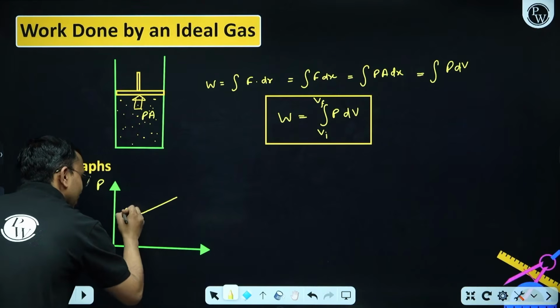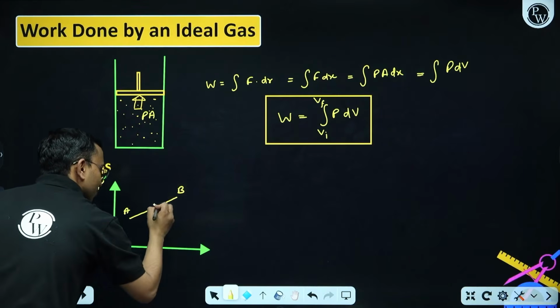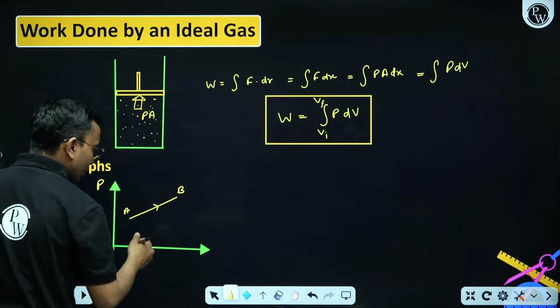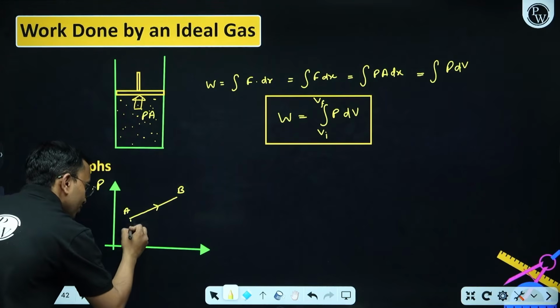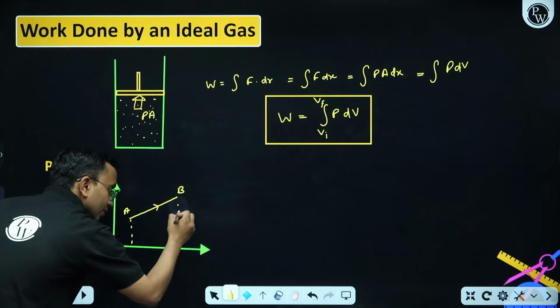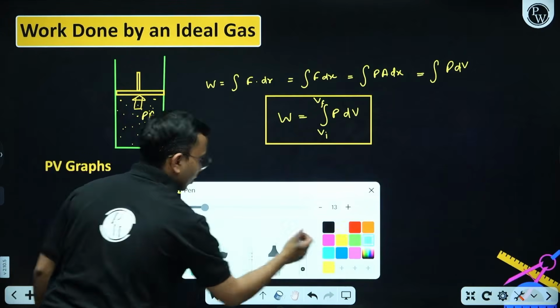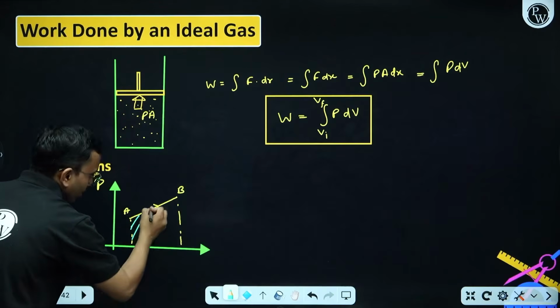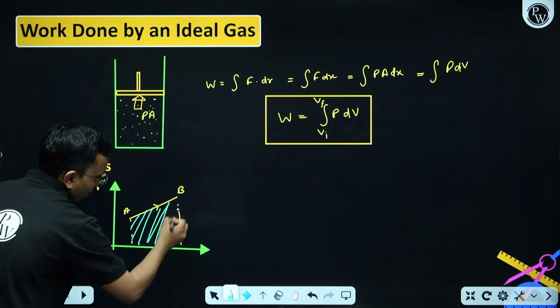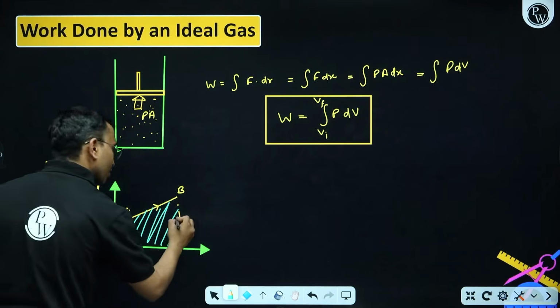From A to B the gas is going. Now if you want to find the work done from A to B, how will you find? Just find the area under this curve. So this area will give you the work done.